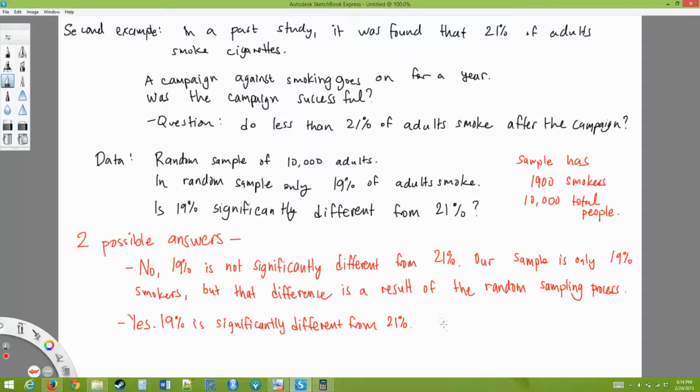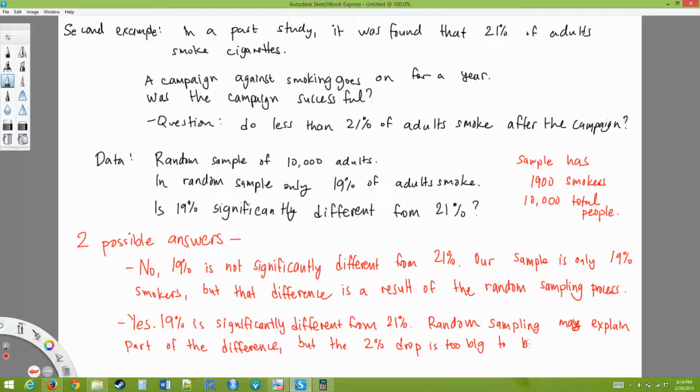Random sampling may explain part of the difference, but the 2% drop is too big to be explained by random chance alone.